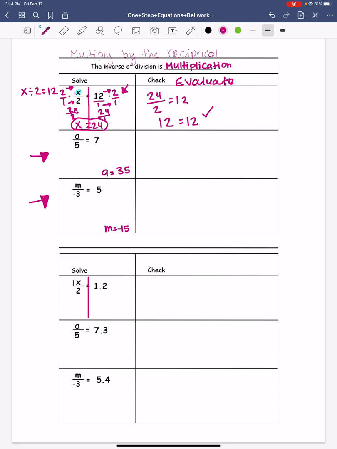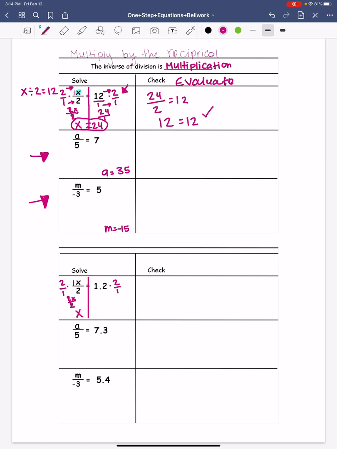So now we have 1x divided by 2 equals 1.2. We're going to undo dividing by 2 by multiplying by 2 over 1. Multiplying by 2 over 1, which just means 2. When we do that, we get 2x over 2, and those cancel. We're left with x.